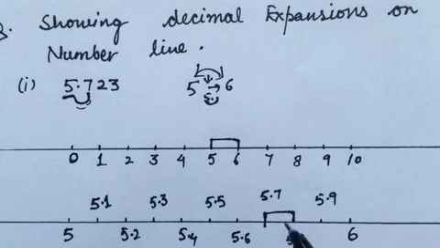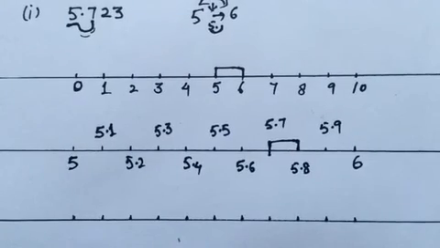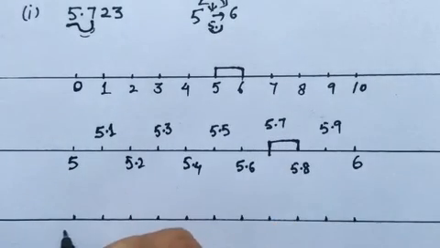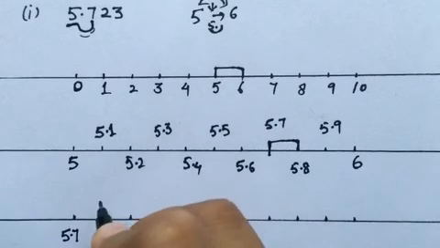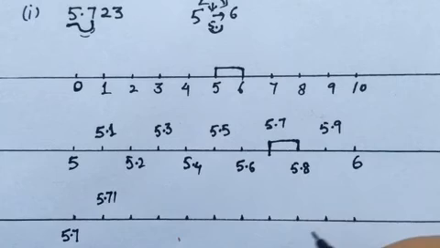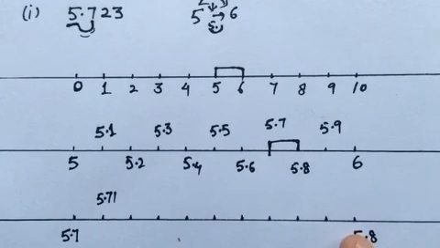We are in this portion now. So the next numbers we are writing are 5.71 here, and here 5.8. Got it? We are starting from 5.7 and going up to 5.8.